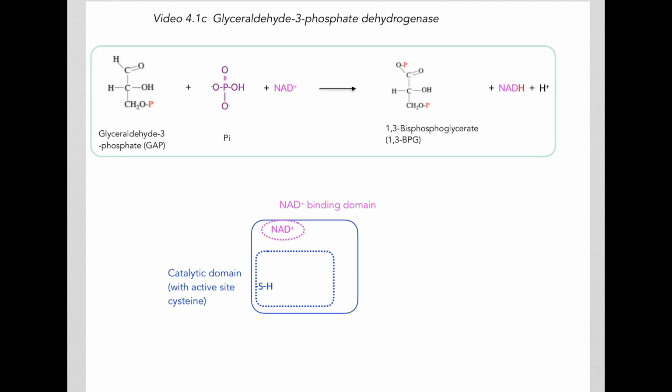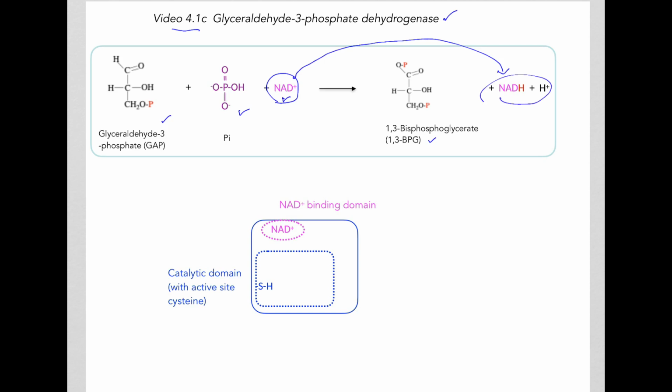Many enzymes that we talked about in previous videos require NAD as a coenzyme. For example, in video 4.1c, we discussed the enzyme glycerol 3-phosphate dehydrogenase, and this enzyme catalyzes, you can see the reaction between glycerol 3-phosphate, phosphate, and requires NAD to give us 1,3-bisphosphoglycerate, and the oxidized NAD becomes reduced NAD in the form of NADH.